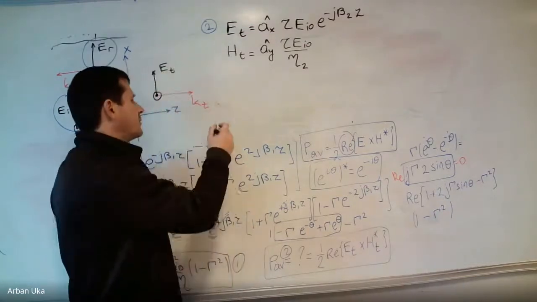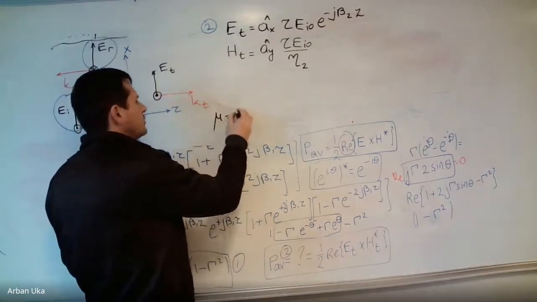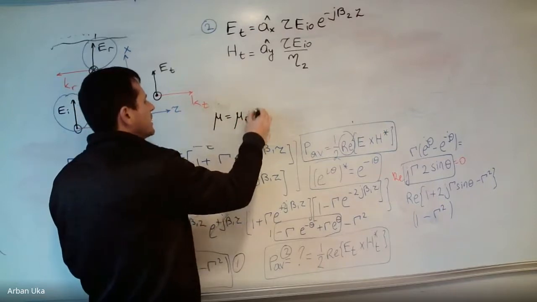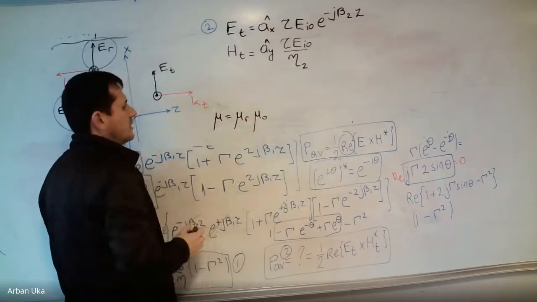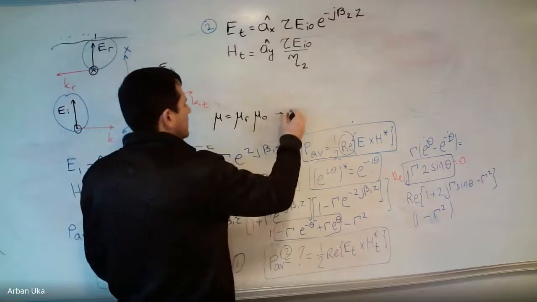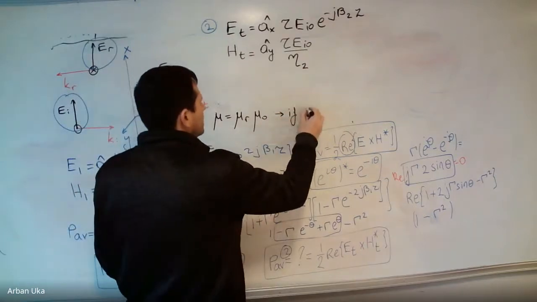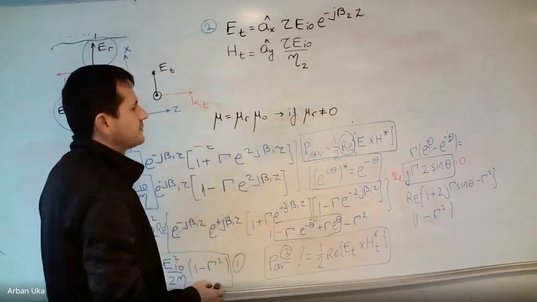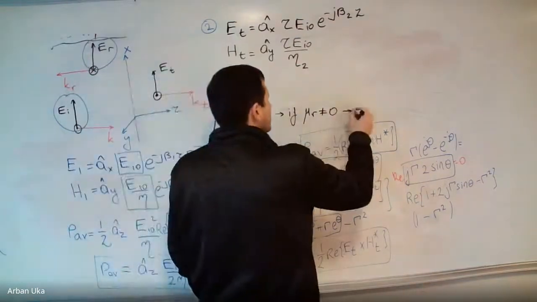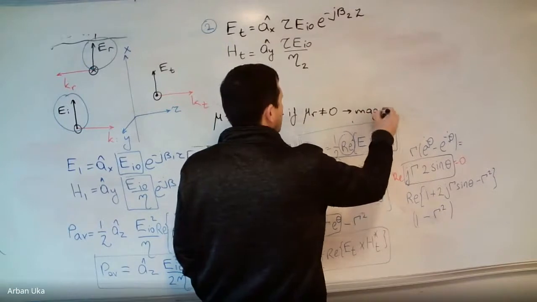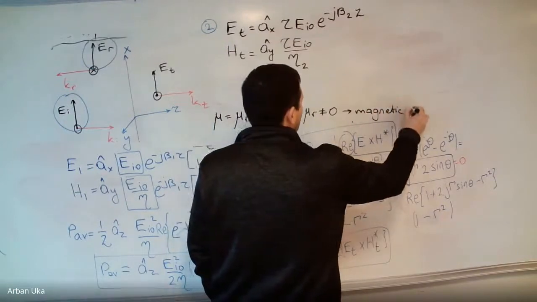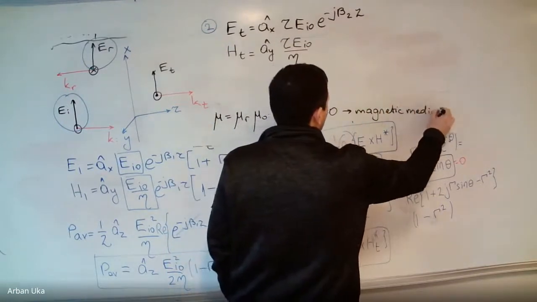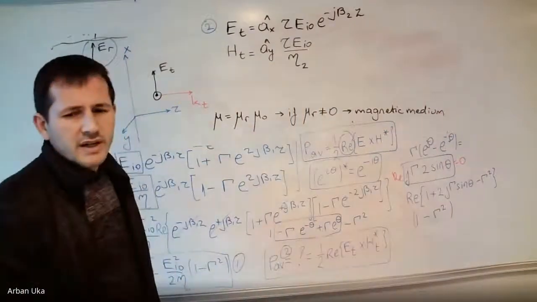Which means the following: the permeability is always equal to the relative permeability times mu0. So if mu r is different from 1, what do you observe? We get a magnetic medium.